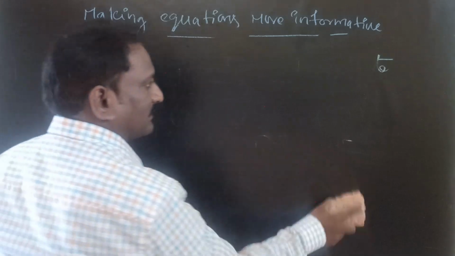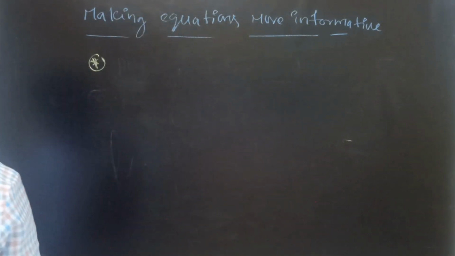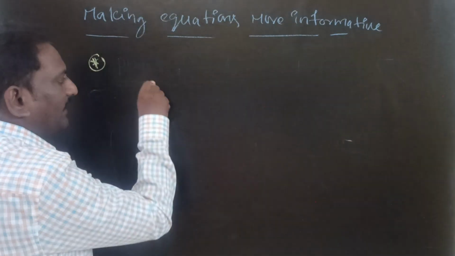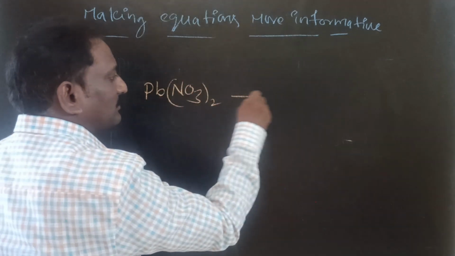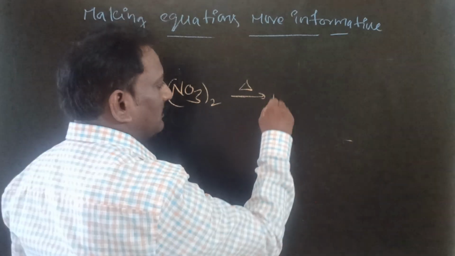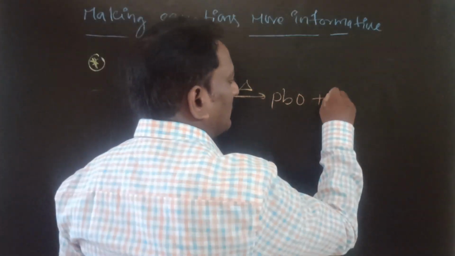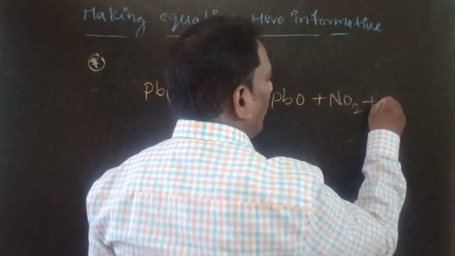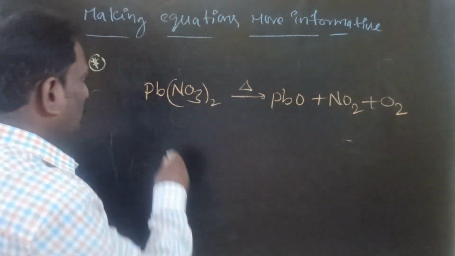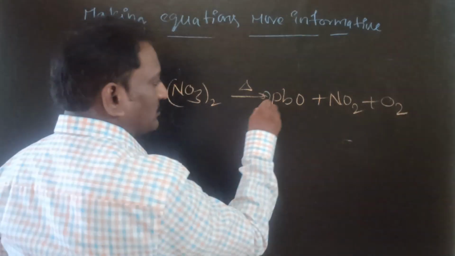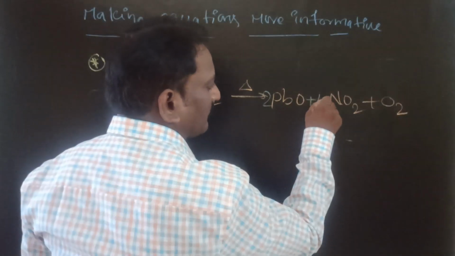Decomposition of lead nitrate. Lead nitrate, Pb(NO3)2, on heating gives lead oxide plus nitrogen dioxide plus oxygen. First of all, let us balance the equation: 2, here 4.